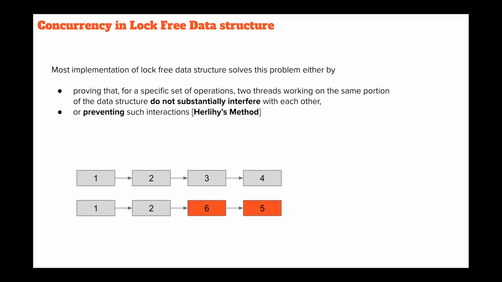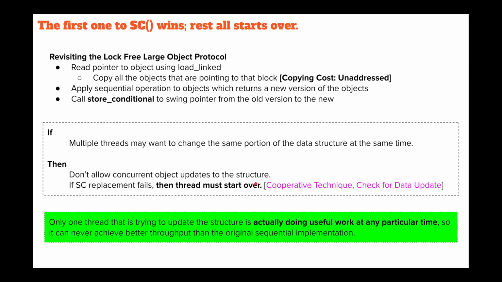So if the second thread succeeded in making 3 to 6, then in that case the operation performed on 4 would be aborted and retried. So essentially the gist is, only one thread trying to update the data structure is actually doing useful work at a particular time, so it's never achieving a better throughput than the original sequential implementation.